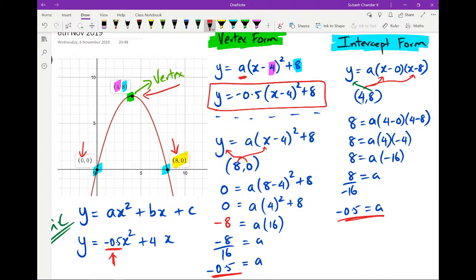Henry, usually with a question like that, they will have to give you 3 clear points, otherwise it's very hard to actually come up with the equation. What I'll do is I've got a question that I haven't actually done yet. I might do one real quickly with you guys.